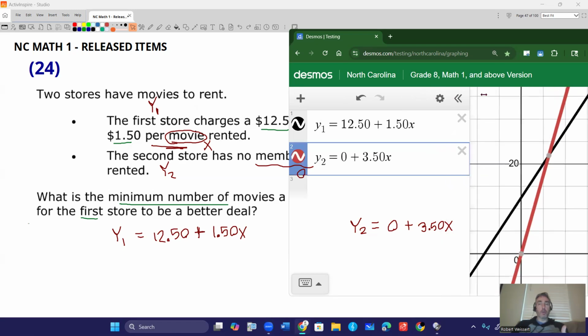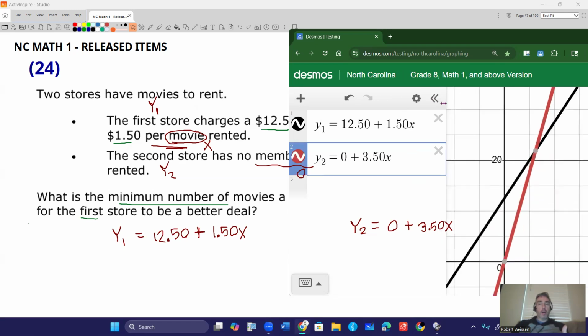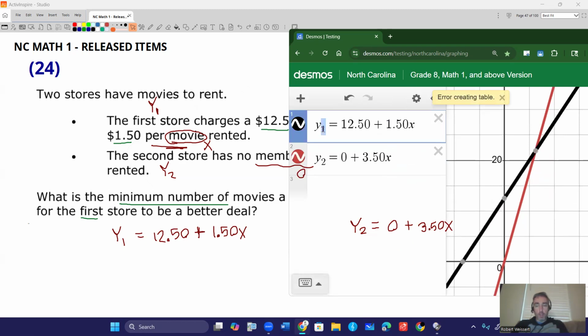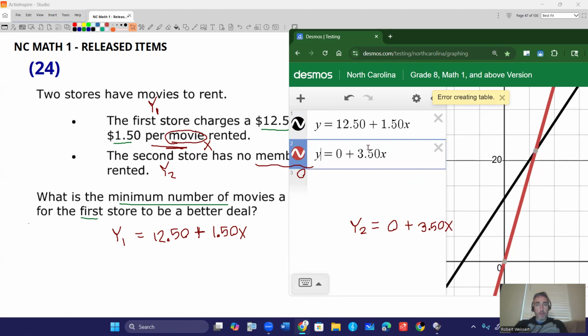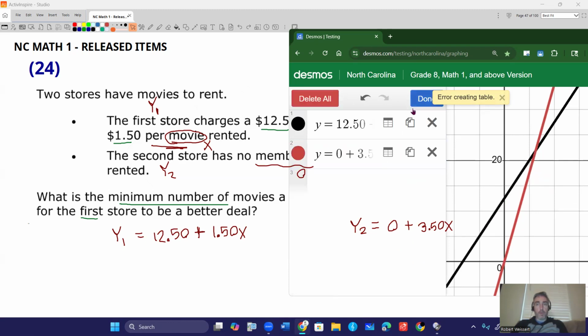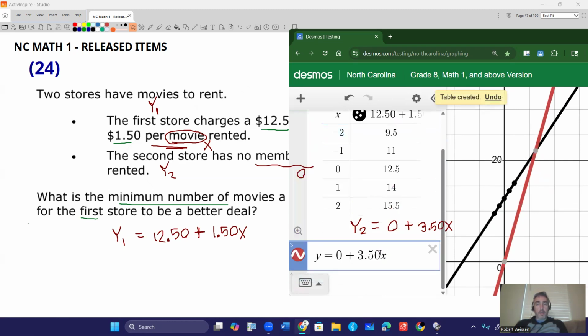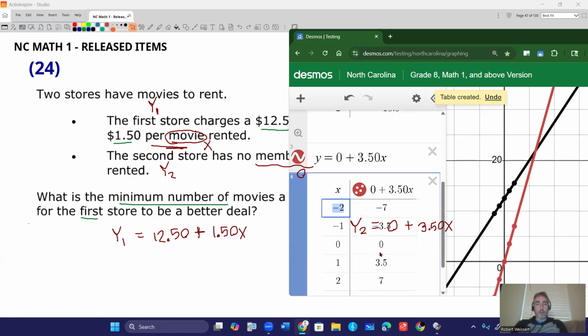I can make a table of values easily here. Oops, it doesn't like that table when I have a one. Let me get rid of that real quick. Let's try it again. There we go. And then I can do the same thing for the other, make a table of values.